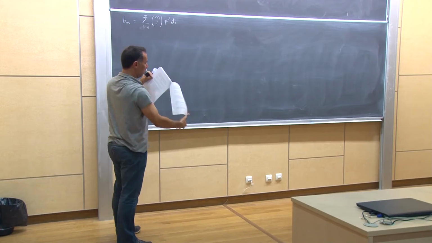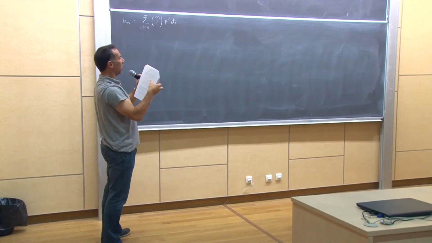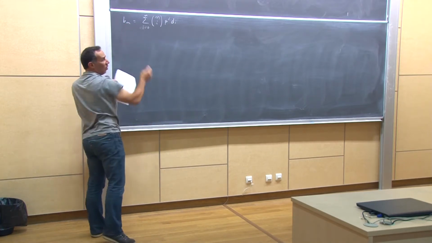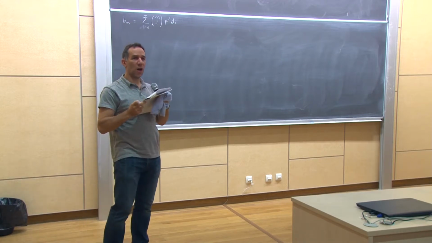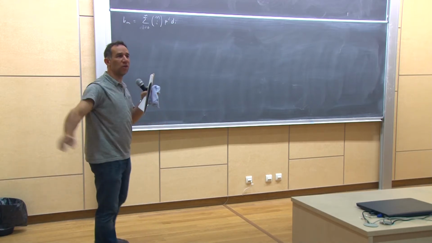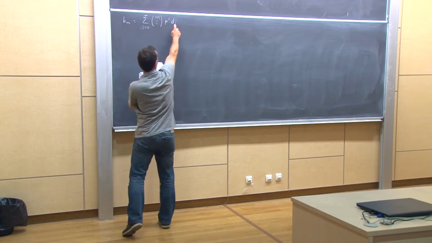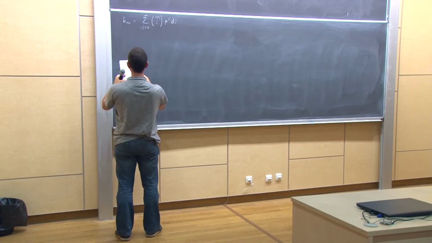Remember what the main lemma that I'm trying to prove says. I'm saying that if infinitely often these B_n are 0, then they all have to be 0, under the assumption that the d_i's are integers.